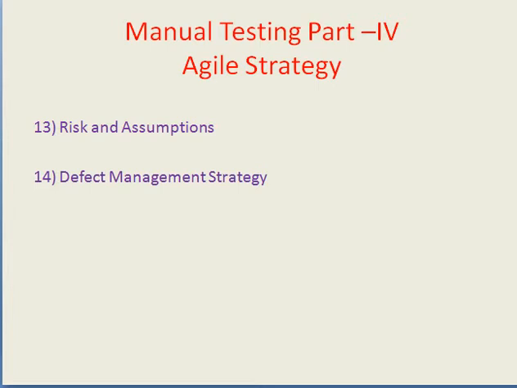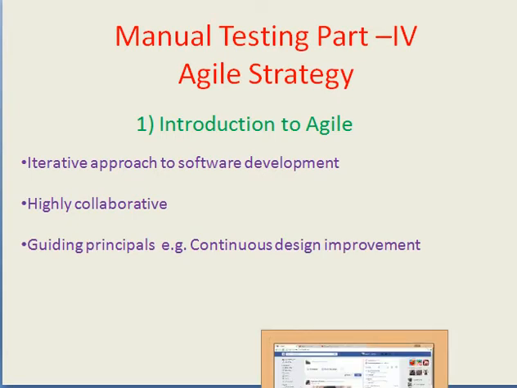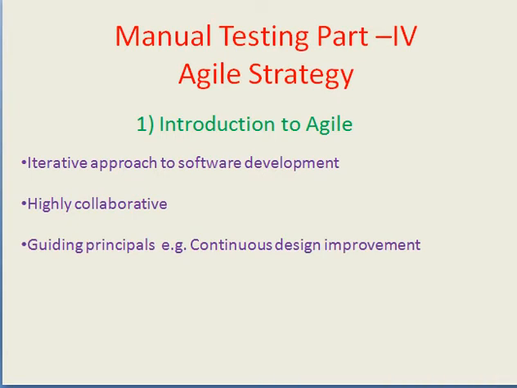So the first section is Introduction to Agile. These days, many projects are run using the Agile software development approach. So Agile is different from the waterfall software development lifecycle. The difference between Agile and waterfall is that Agile is an iterative approach to software development.